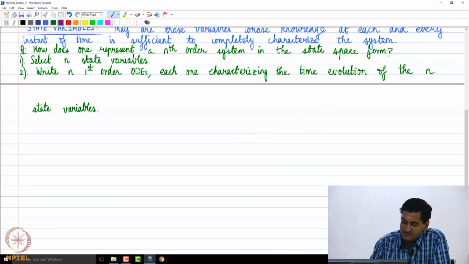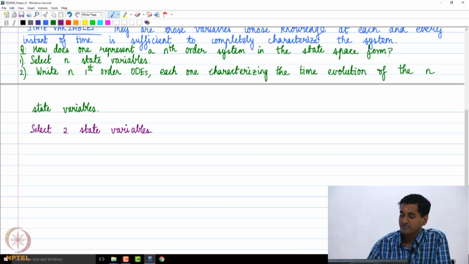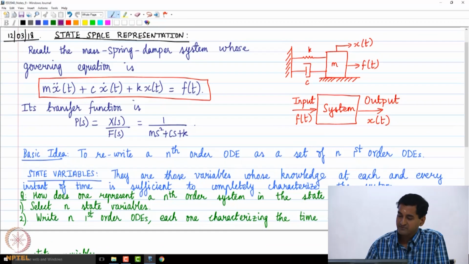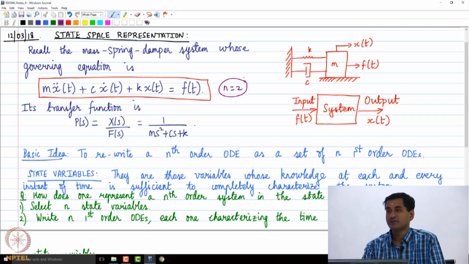Okay, what we do is that we essentially select two state variables. Why am I selecting two state variables? Because the value of n is 2 here, right? So for our mass spring damper system, the value of n is 2, right?